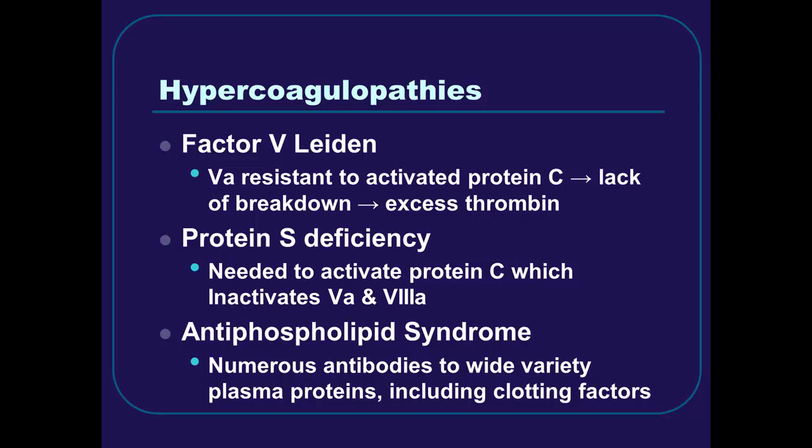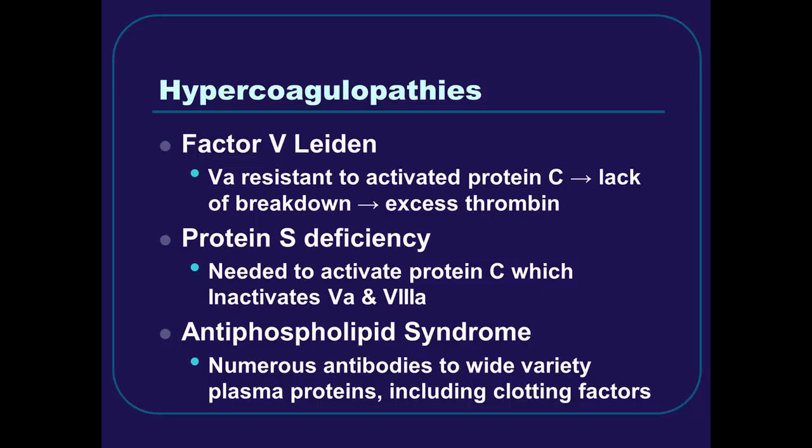Factor Va, remember factor V is activated to factor Va. So what happens is that in this disorder, Va isn't being inactivated by protein C, and that's what's supposed to happen. Va facilitates clotting. Protein C is there to turn it off.